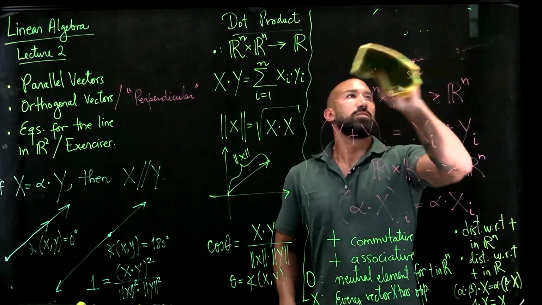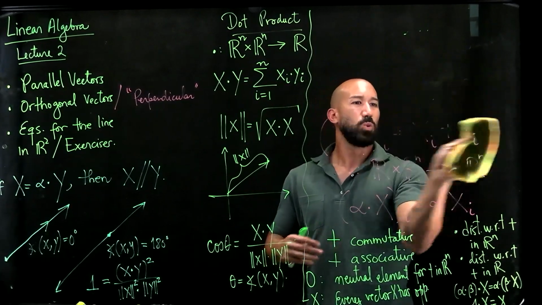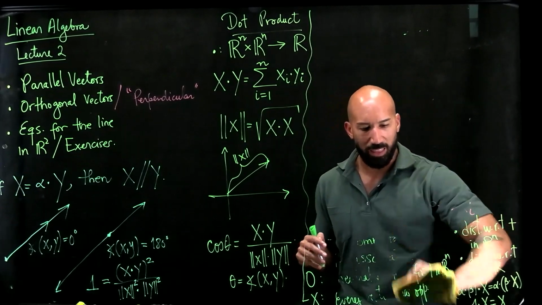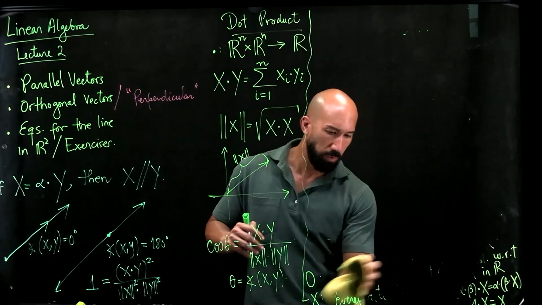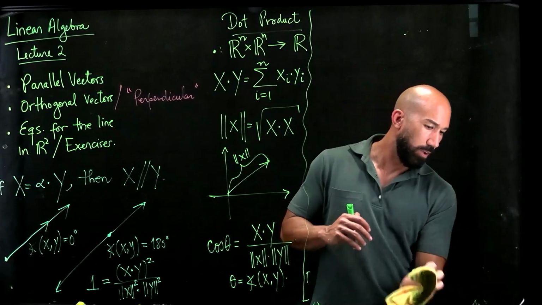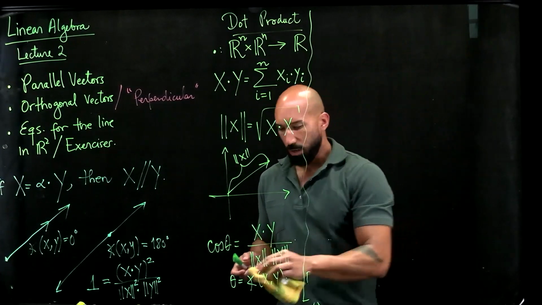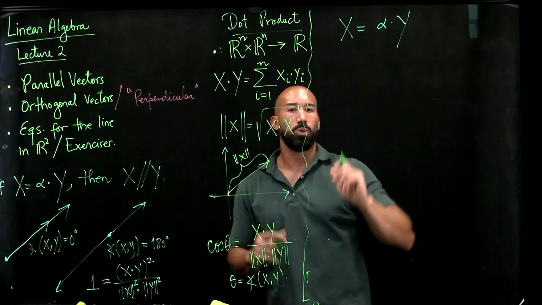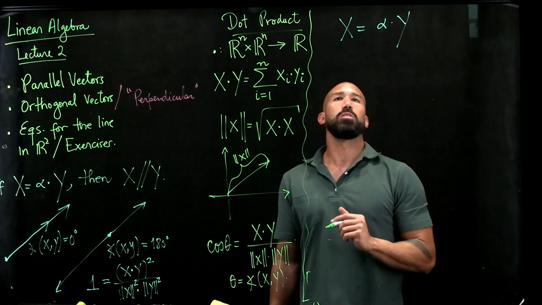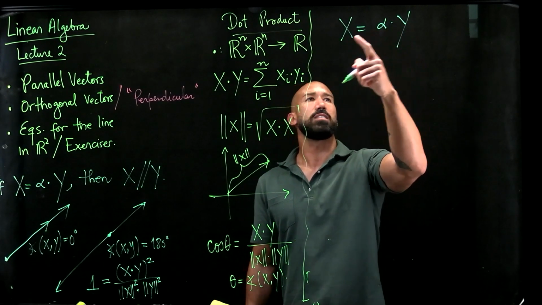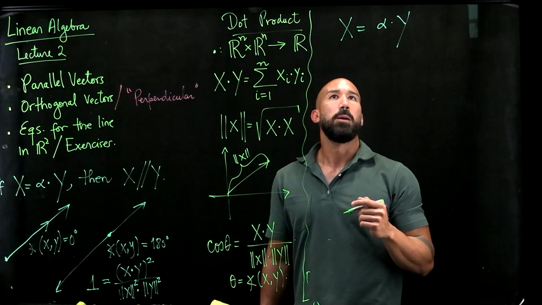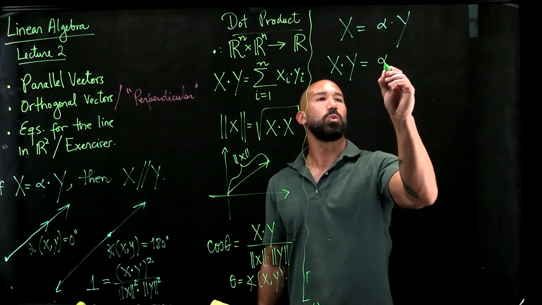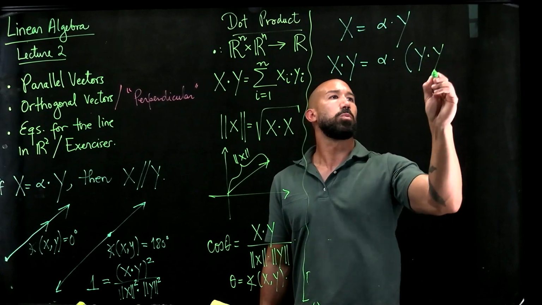To prove that, we need to find that scalar alpha. So let's see what that alpha would be if it exists. We don't know if this is true, but if I take this equation and take the dot product with y on both sides, we get x dot product y is equal to alpha times y dot product y.